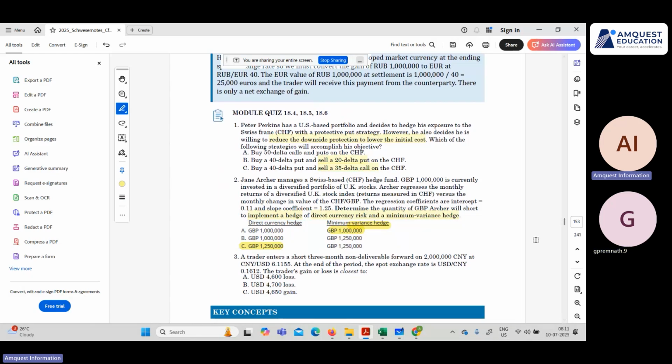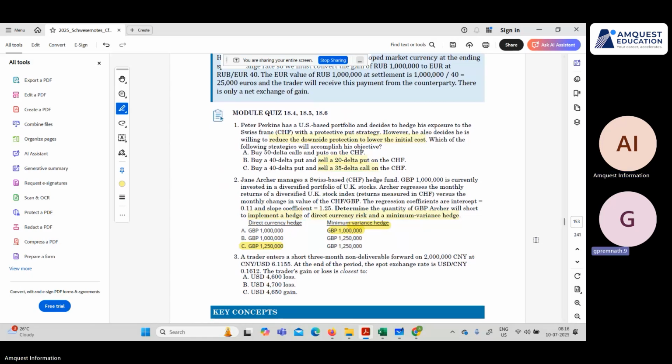Let's try the third. A trader enters the short. I'm just confused a bit. Mathematically, the way I did it was... Did you arrive at one of the options at least?